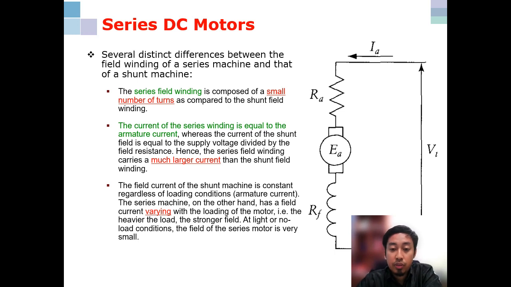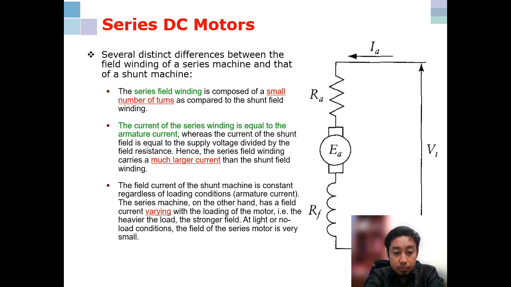The circuit is in series, compared to the previous circuit. For the shunt, we have IA plus IF to get the total current, but for this series motor, the current is equal.